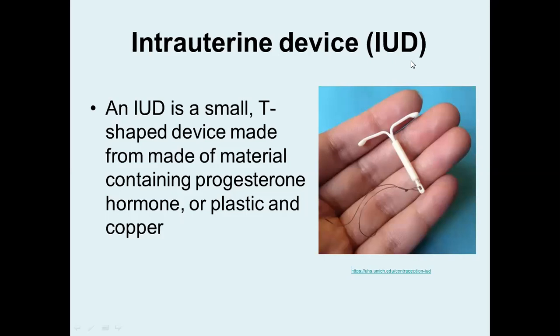So an IUD is a small, mostly T-shaped device, although not all of them are T-shaped, made of material that can either contain progesterone, or the false progesterone, progestin or progestogen, which are the synthetically made ones, or it is made of plastic with a little bit of copper.